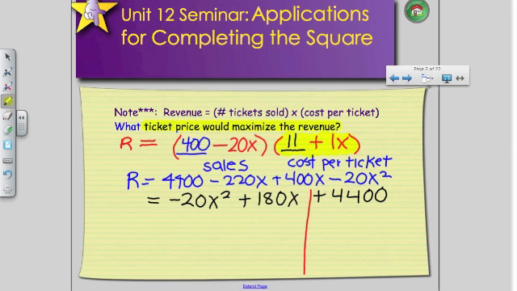Yes, this negative 20 can't be there. For completing the square method, if you've done Unit 11, you know that whatever term, it doesn't disappear, but we have to factor it out in order to complete the square.